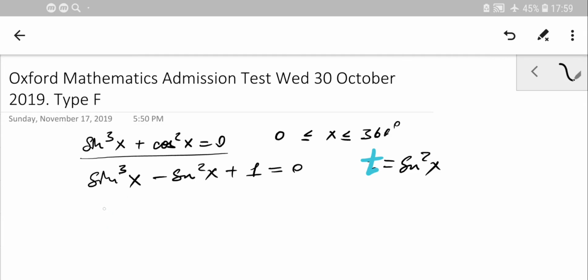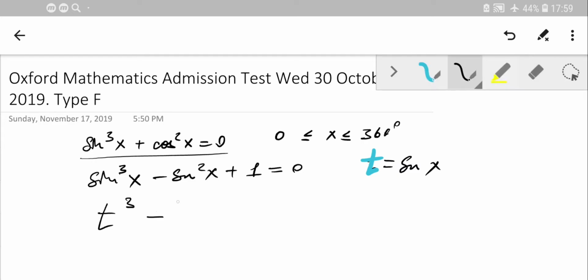So we have t cubed minus t squared plus 1.